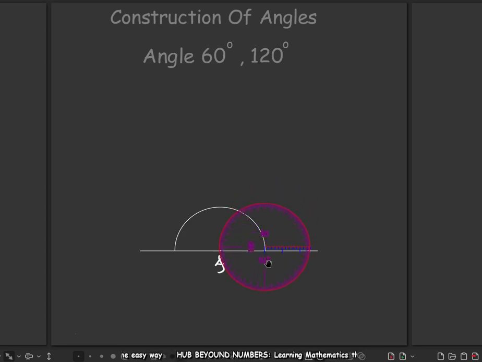And I use that same radius to step at one edge of the semicircle I have drawn. You see? Now, if I make a mark over here, this mark is what we call the 60 degrees. It can be 60 and it can be 120 as well, depending on where you are counting from.